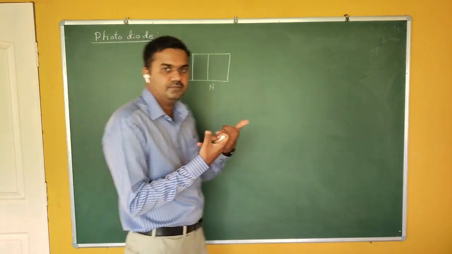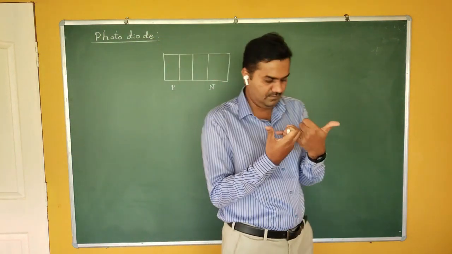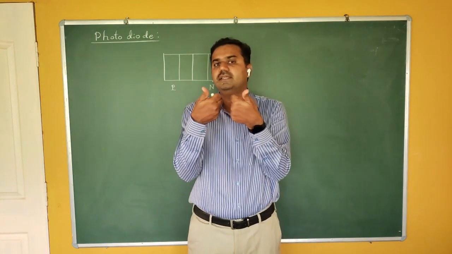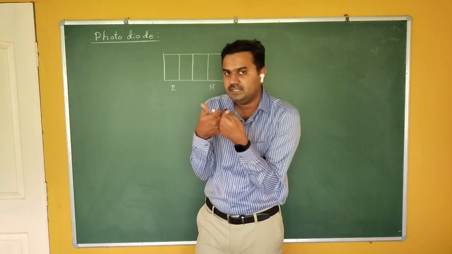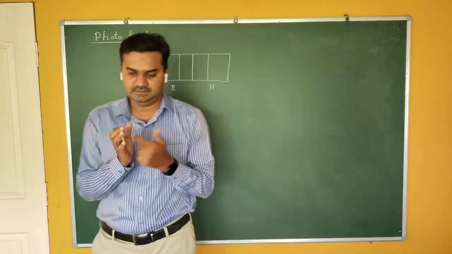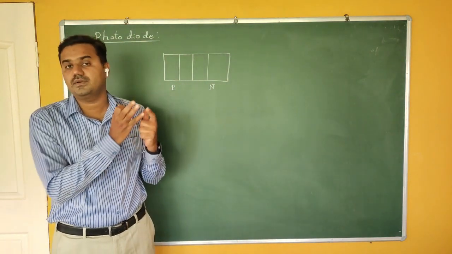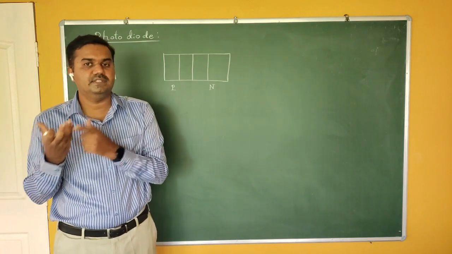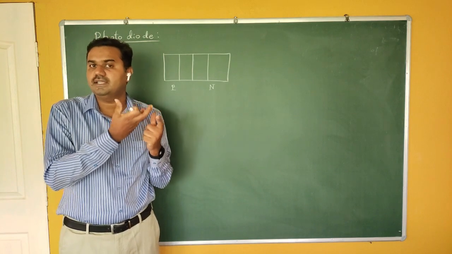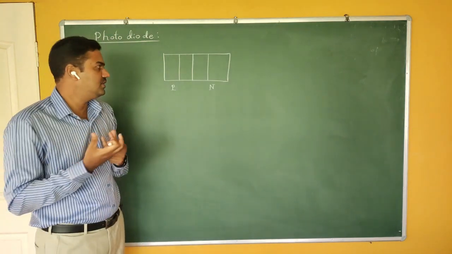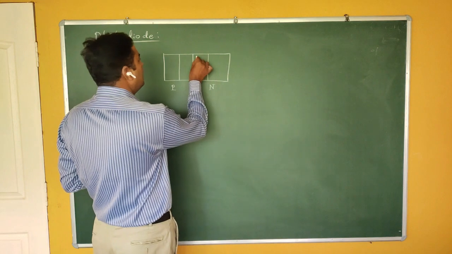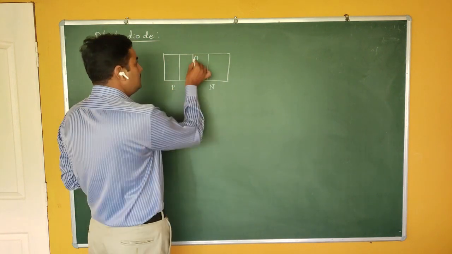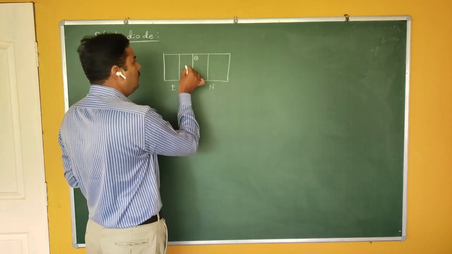When you combine them, it is not a physical combination, some techniques are used. If you combine P and N type material, then diffusion takes place, because in one place the concentration of electrons is more and in the other place it is less, therefore electrons flow from higher concentration to lower concentration. Here the atom loses electrons and becomes positively charged.